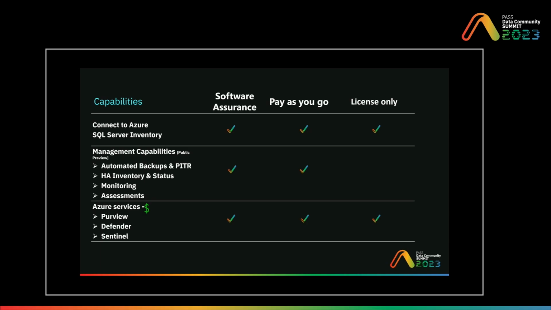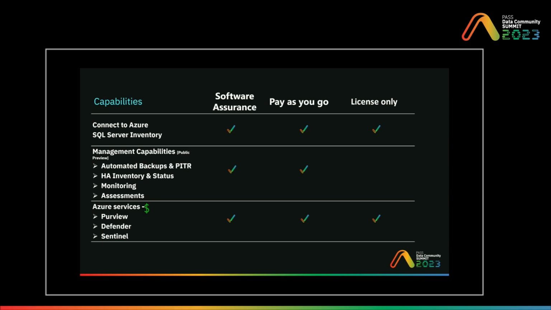These are the services. So think about three buckets here. The very first bucket is the basic connectivity to the Arc, right? That's the first thing. And you're not paying for any of the Arc connectivity to begin with. What you are doing is you are telling us in the Arc what type of license you already have for your SQL Server.